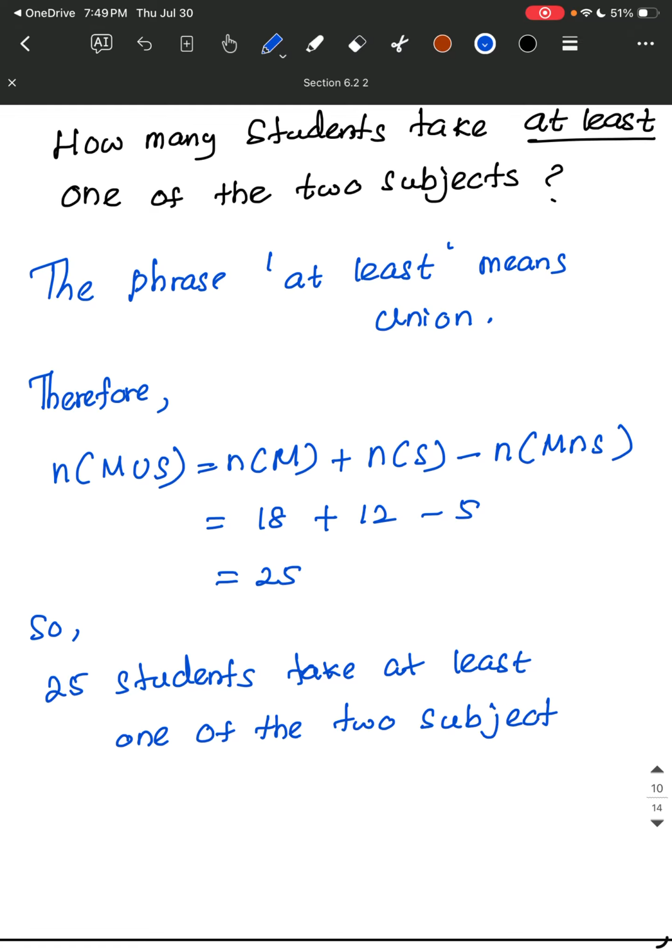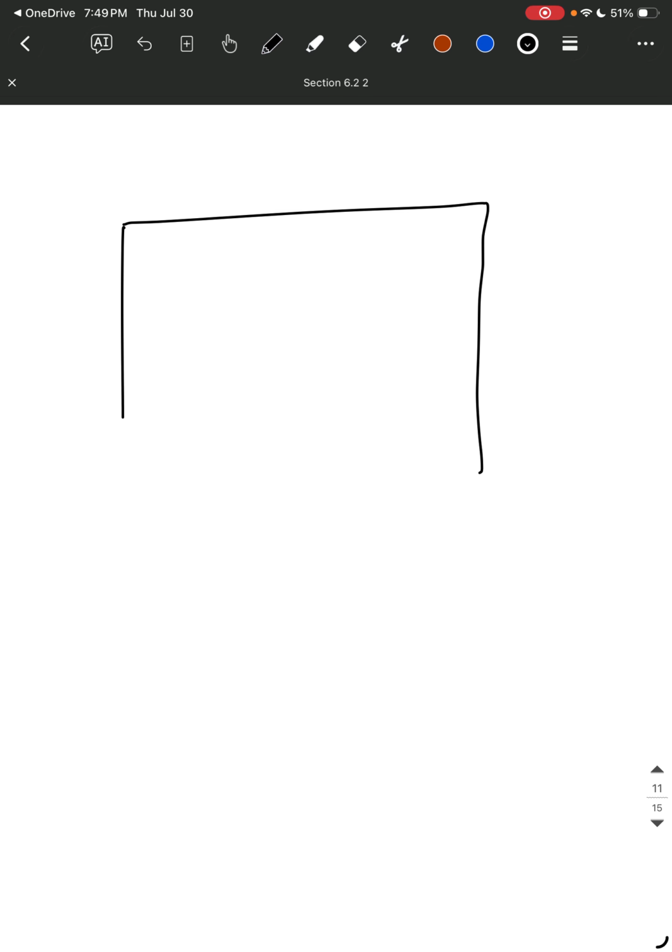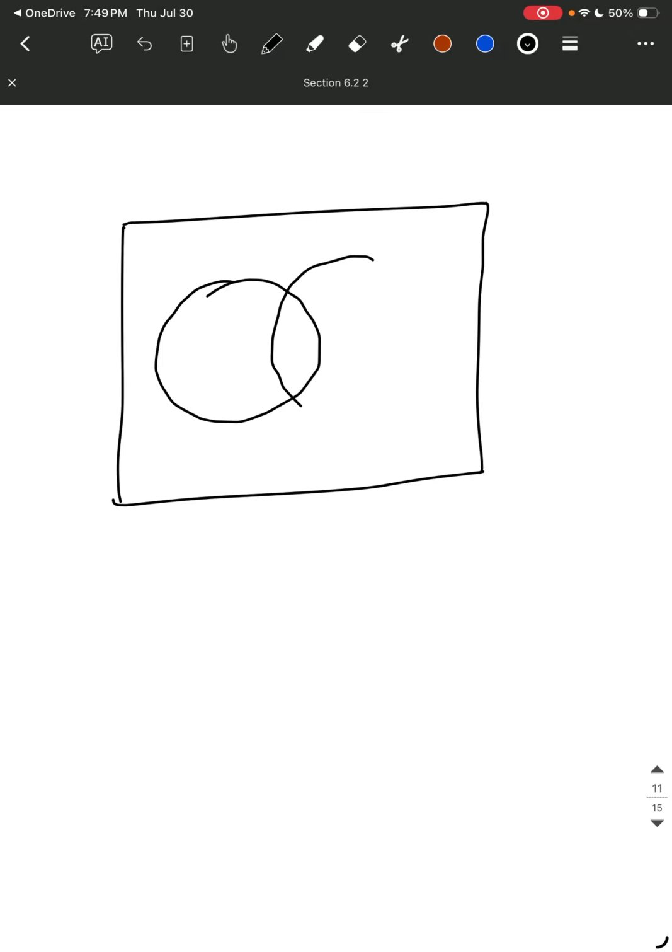Okay, then I would like to draw the Venn diagram for this case. So let's go for the Venn diagram. We have the universal set. 18 students take math. Let's say the mathematics and statistics circles.